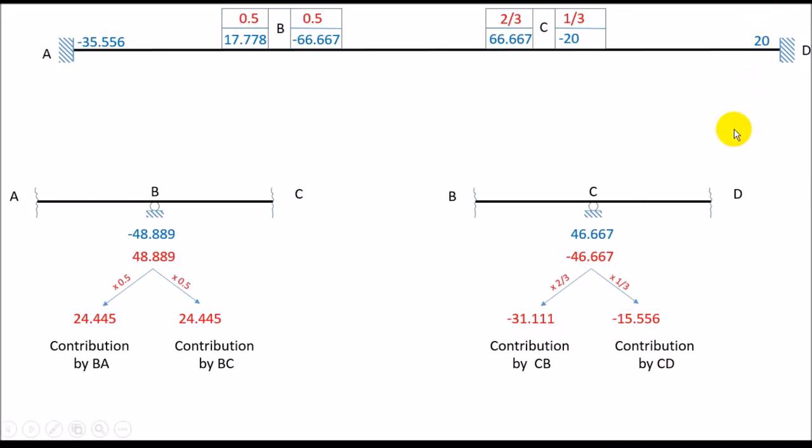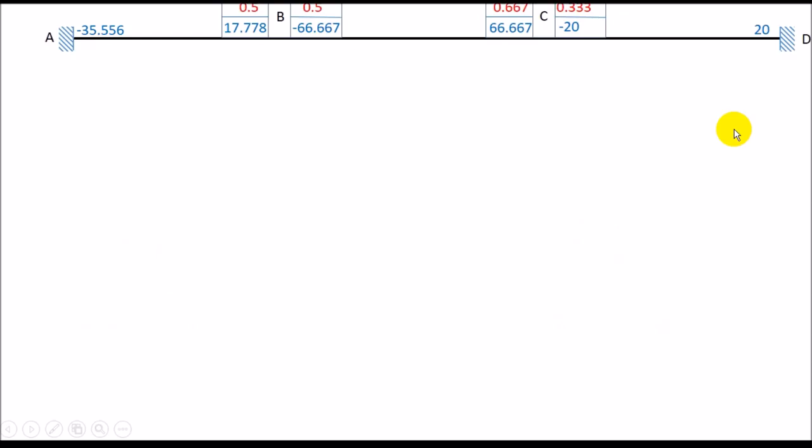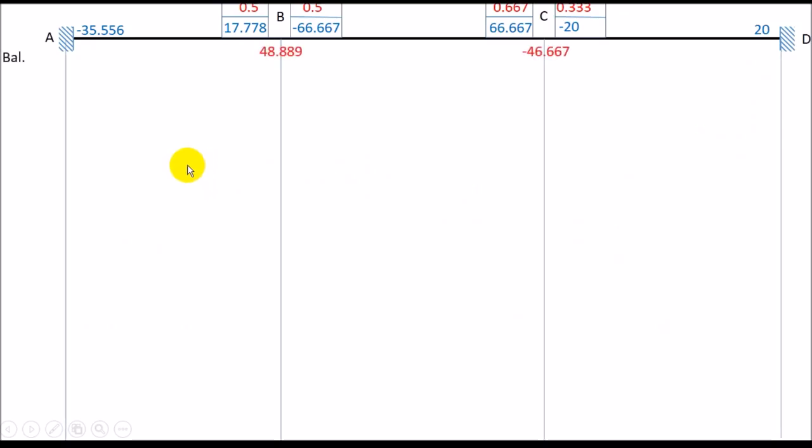Okay, so now we'll proceed ahead for our main moment distribution iterations here. So let us start with the first iteration. Okay, the first step is balancing the moment. As you can see, there is an anti-clockwise moment on my joint, of minus 48.889.